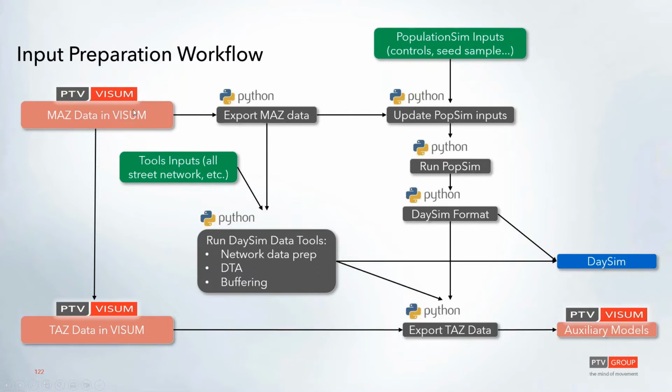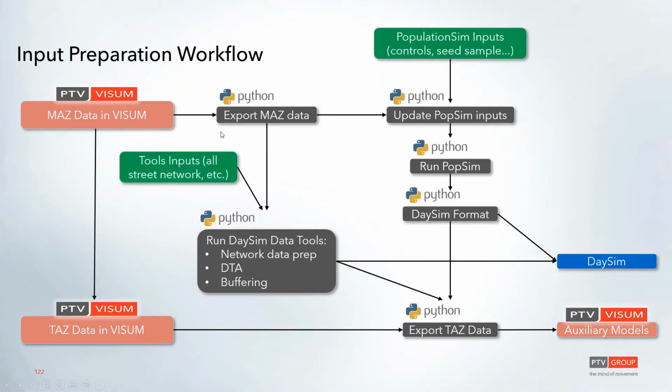So let's say you're running the model for 2045, this would export 2045 data, and then it would update the PopulationSim controls and scale them as per 2045 land use data. And then it would run PopulationSim and convert it into DaySim format and provide the synthetic population for DaySim.